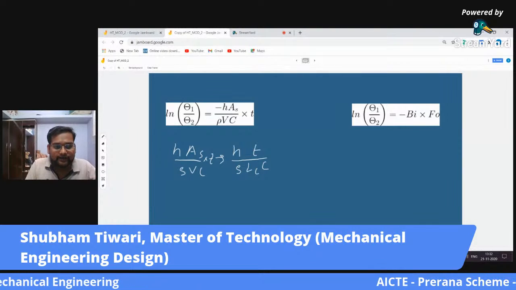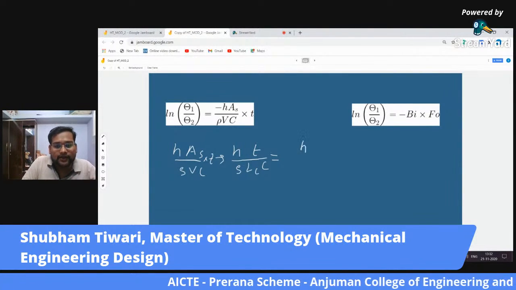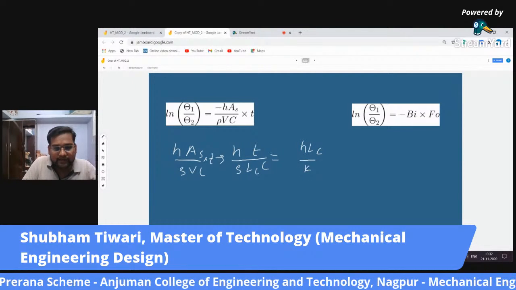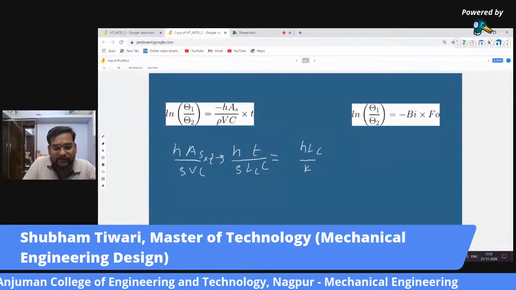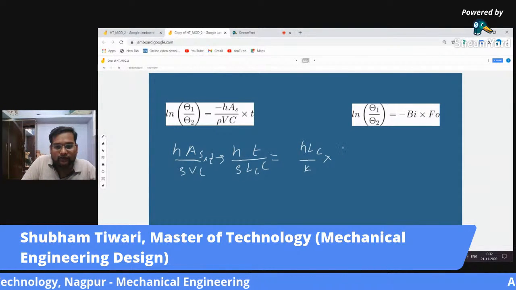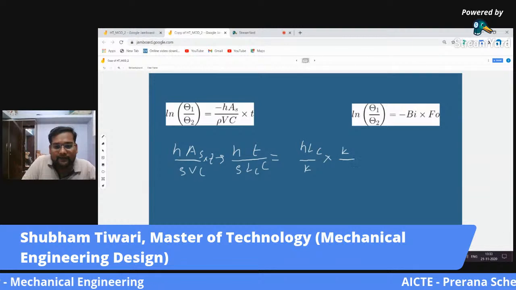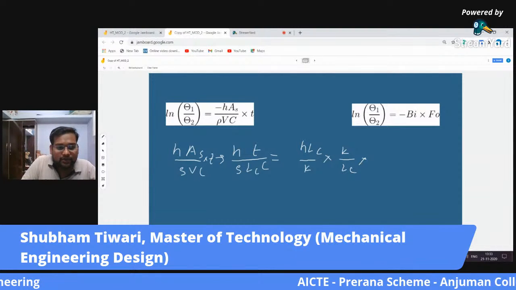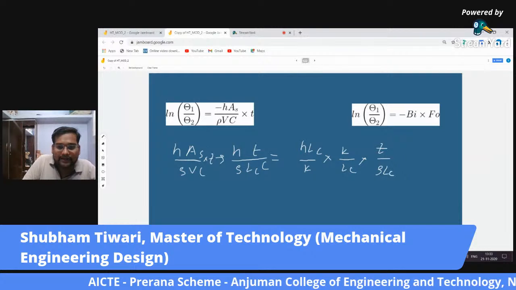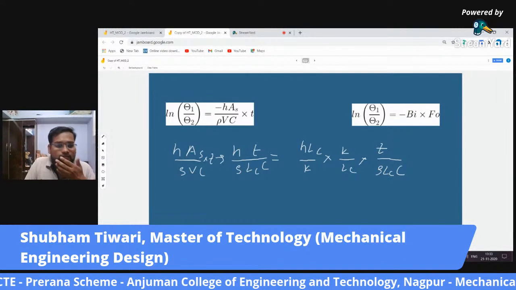So we know that we can also rearrange this thing as hLc by k. Now see what I did here, I multiplied it with Lc and divided it by k. So to balance this term out, I have to multiply with k and divide by Lc, and the remaining term is t upon rho Lc C.